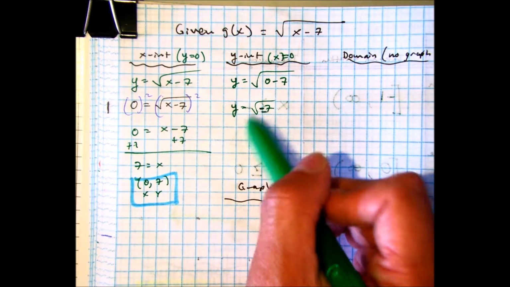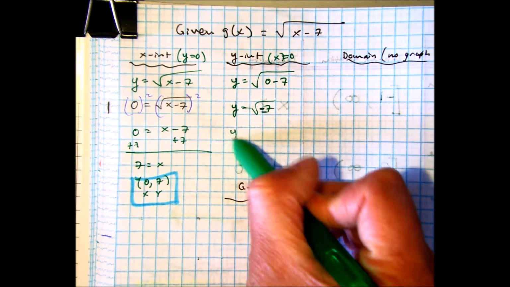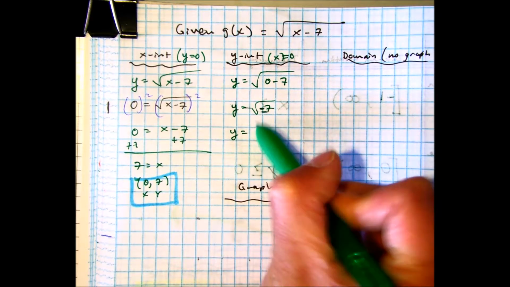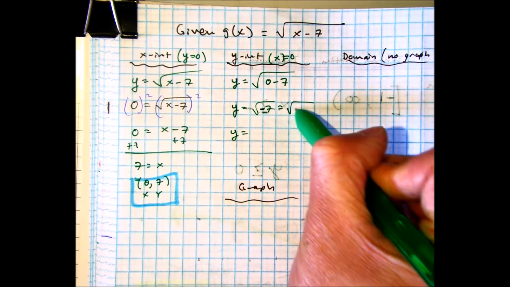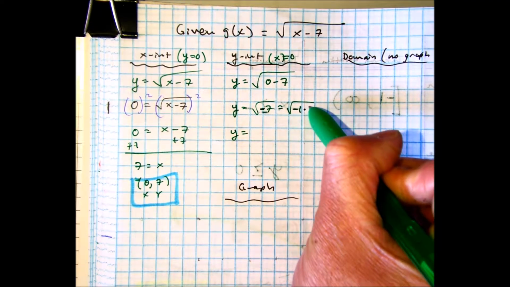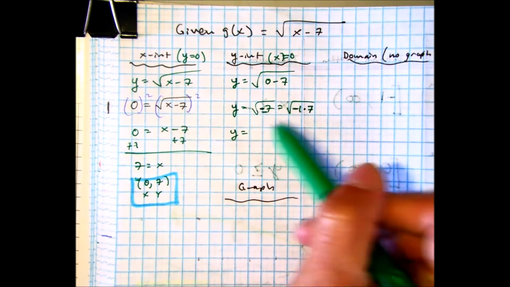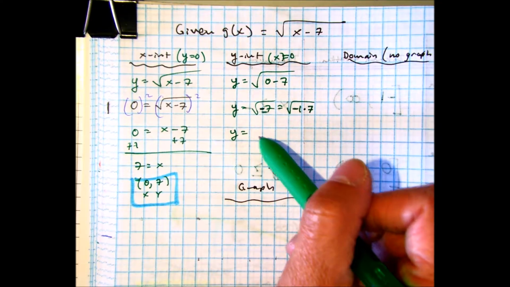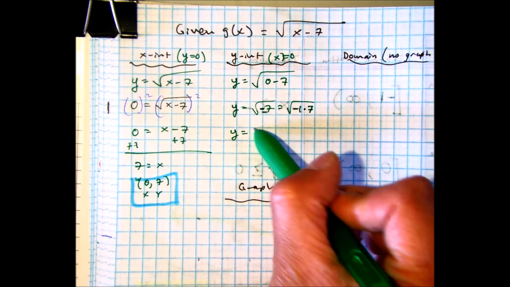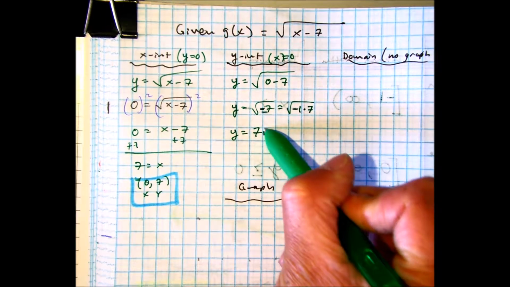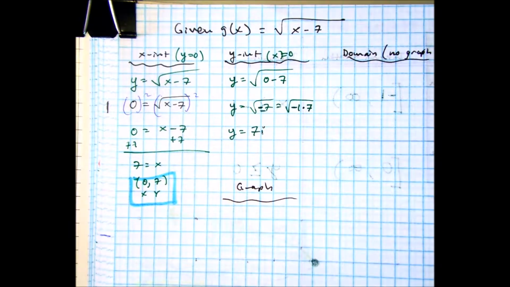Yes, i. What is i? Ivan, what's the square root of negative 1? i. So 7i. Okay, this is a little bit new.